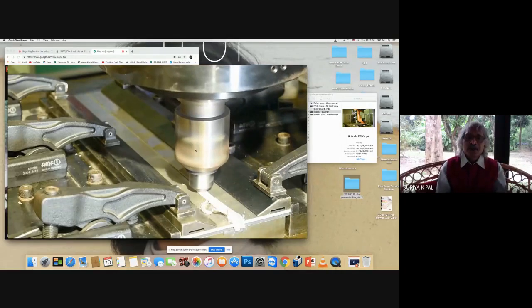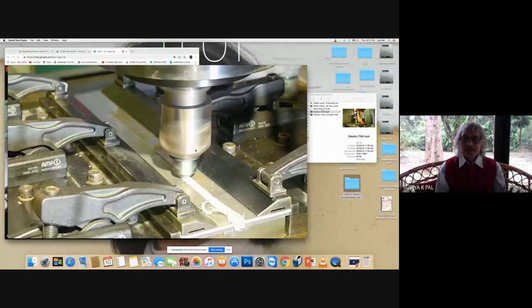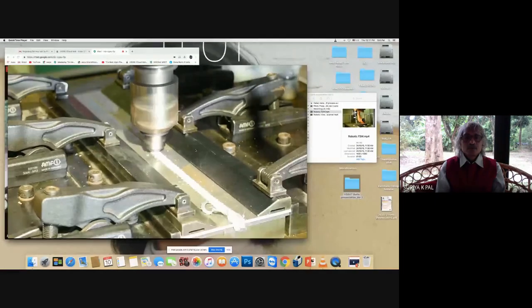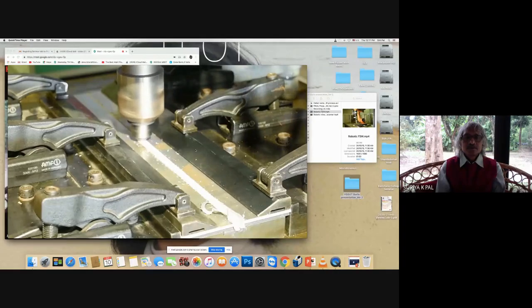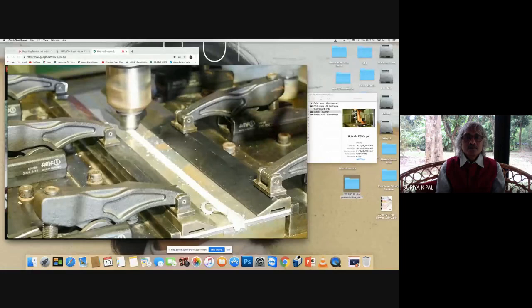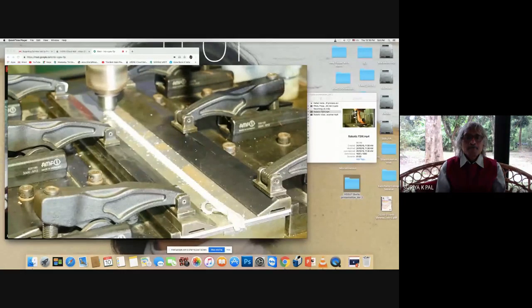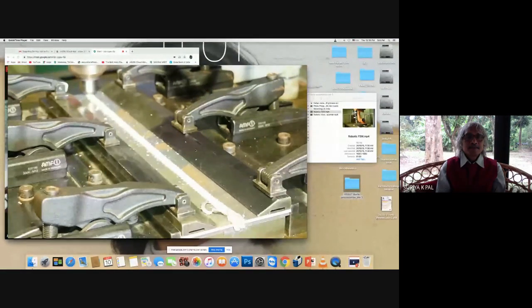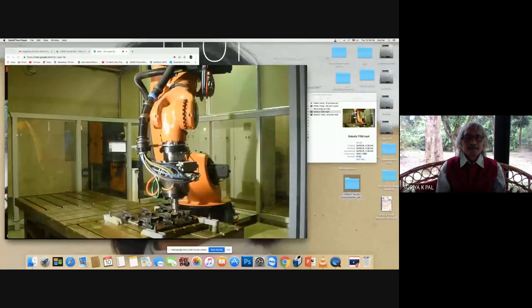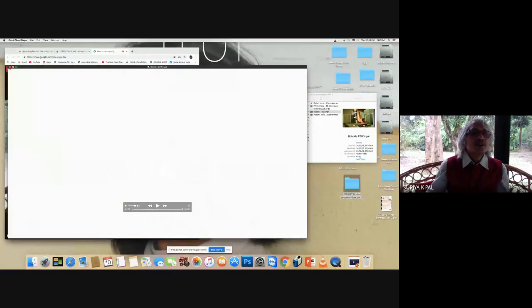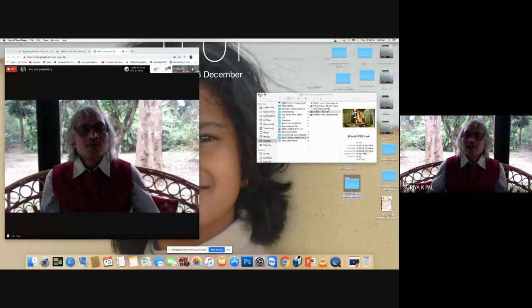We have done it successfully for our CNC machine, but we are yet to start on the robotic facility.